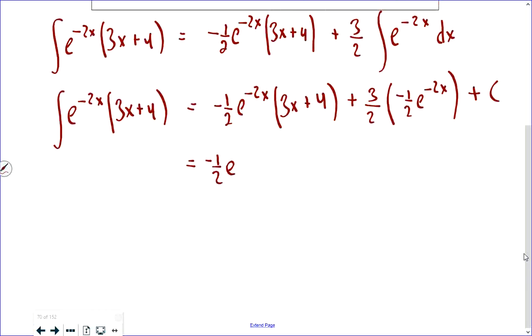Negative 1/2 e to the negative 2x times 3x plus 4 minus 3/4 e to the negative 2x plus a constant. For some reason that I don't know, I think maybe because it's just unimportant, we don't worry about factoring these things. There's no usefulness to it. So that's the answer. Any questions with that one?